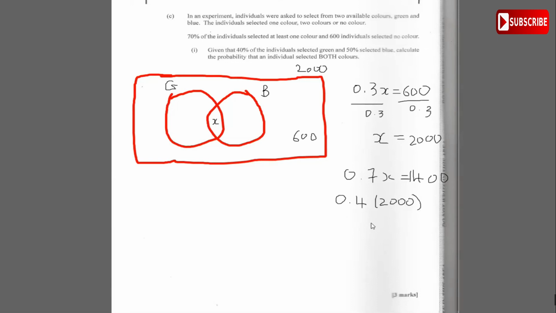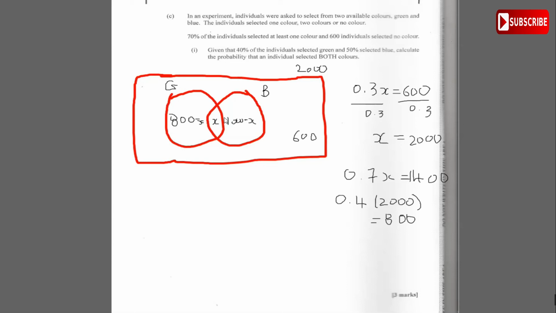And 0.4 times 2000, that's 800. So that means 800 minus X selected green only. And then the next thing is that it says 0.5 of the total population selected blue. 0.5 of 2,000 is 1,000. So 1,000 minus X selected blue.